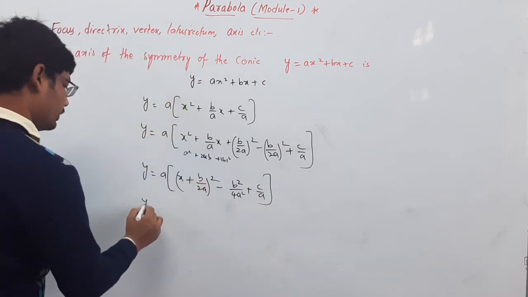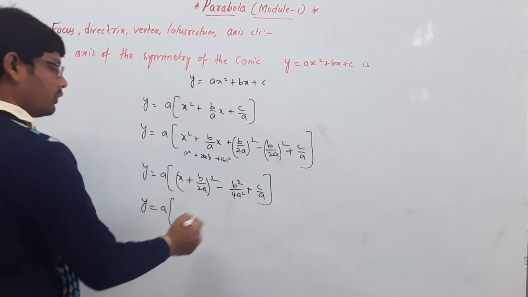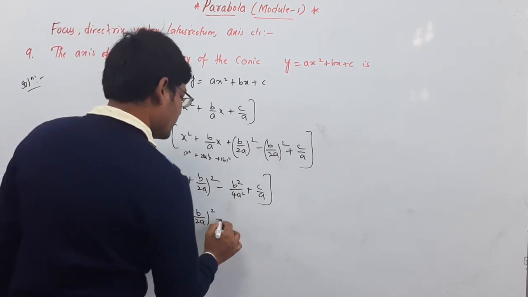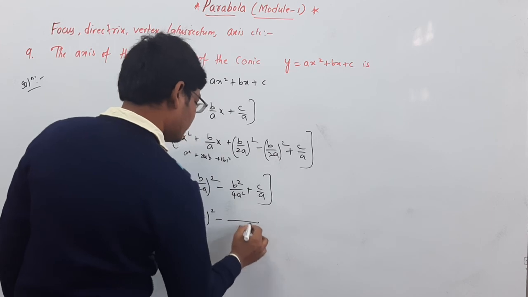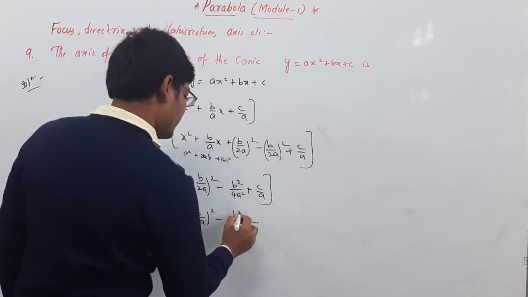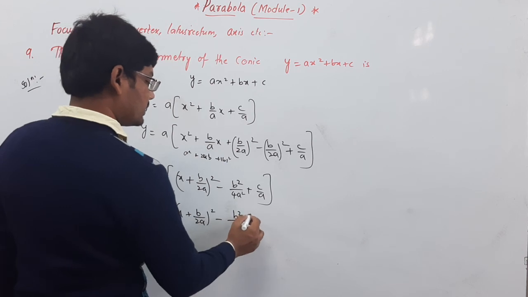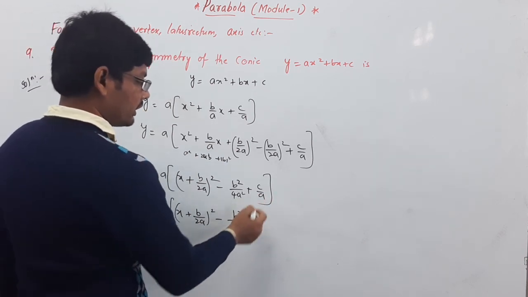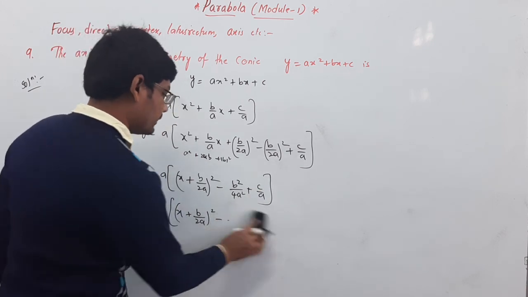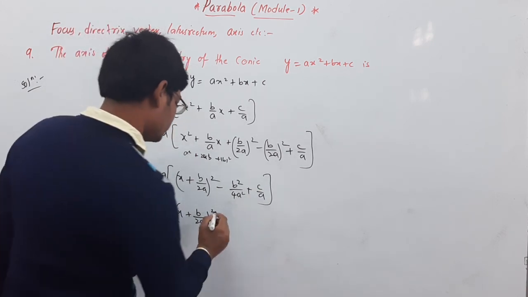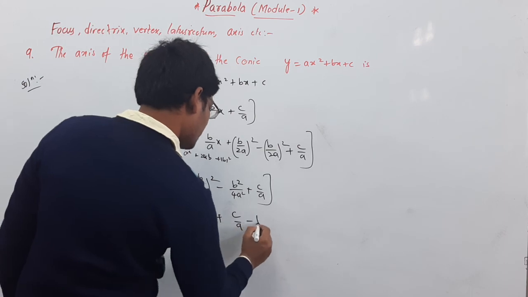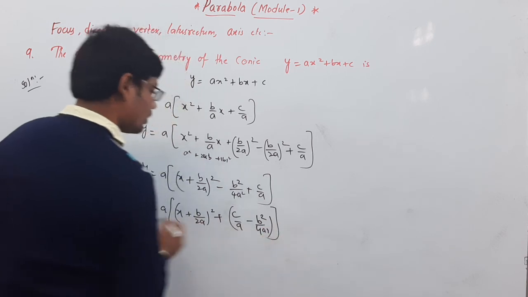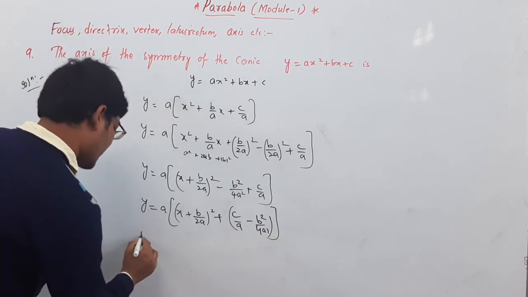Here if you take LCM, otherwise you can write like this: c by a minus b square by 4a square. Keep it in a bracket. Now it is easy to calculate here.